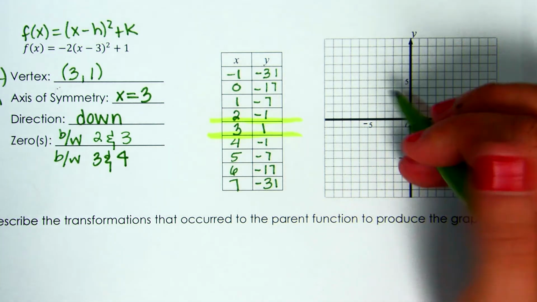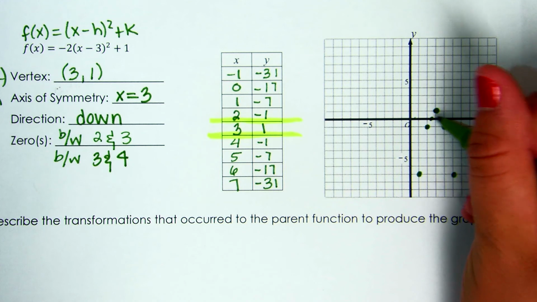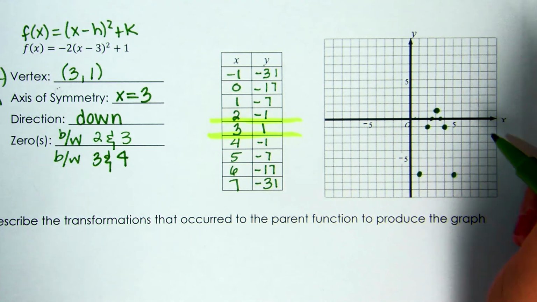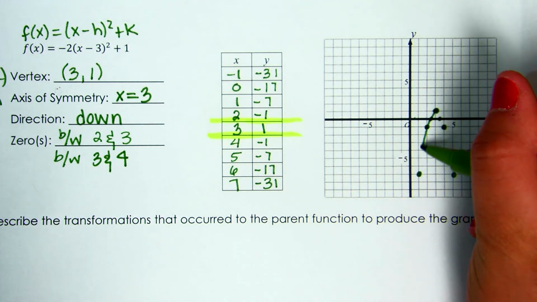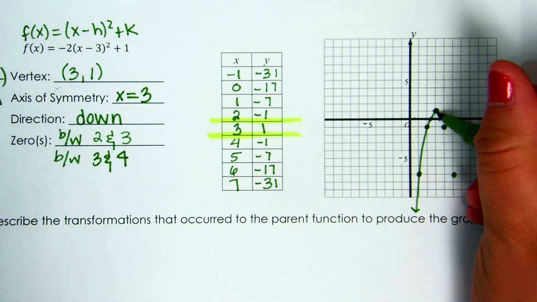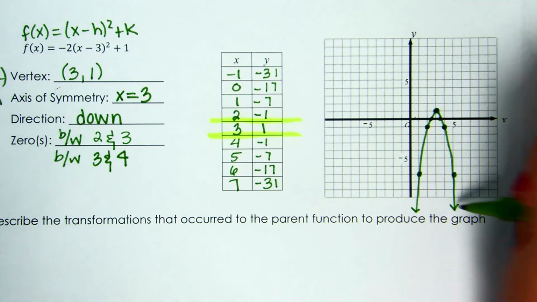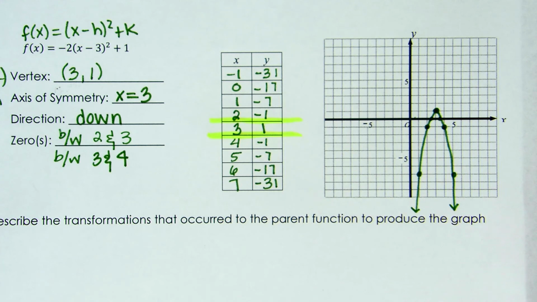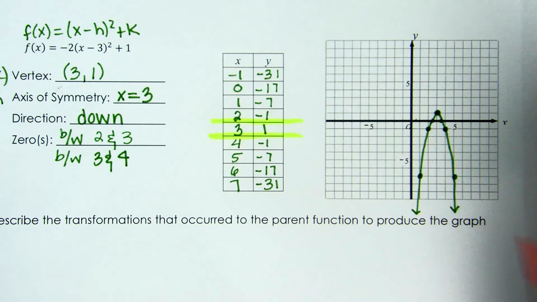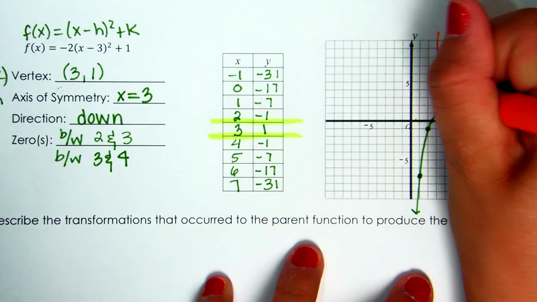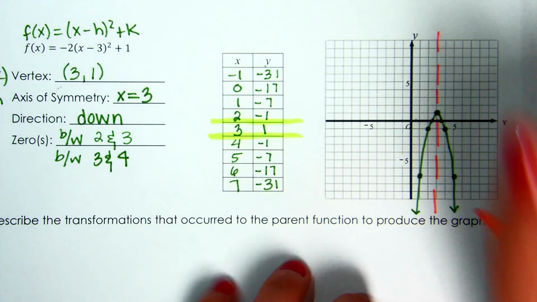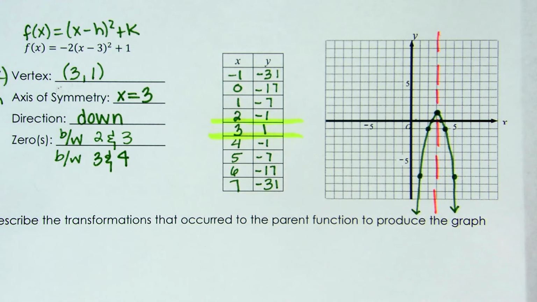And I know that I cross somewhere between 2 and 3 and between 3 and 4. And I'm going to sketch the graph. Connect the dots. I'm going to draw in my axis of symmetry at positive 3. Straight down the middle. And then we have to describe the transformations.